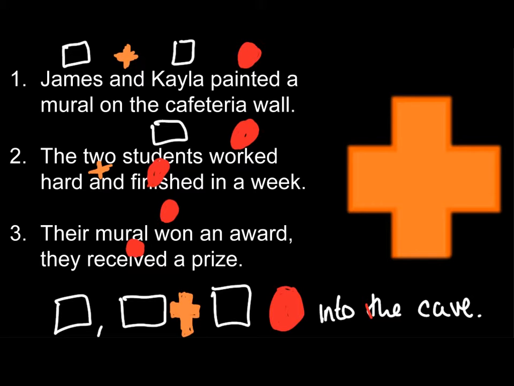The mural. Who or what received? They did. Later we're going to learn about pronouns, but for now we'll just call that a subject noun. Do you see how this works? But do we have any conjunctions in there? There's no conjunctions. There's no fanboy there.